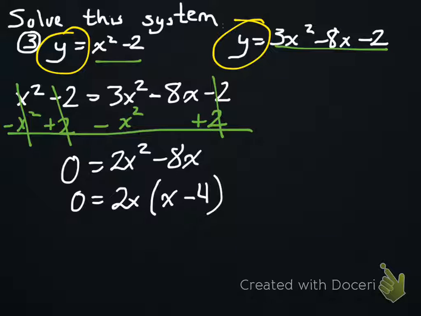And so let's take this first one. 2x equals 0, or x minus 4 equals 0. And you solve each of those one at a time.